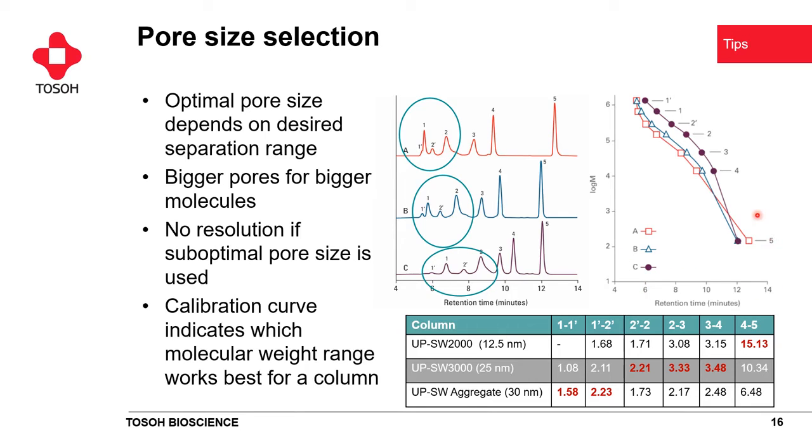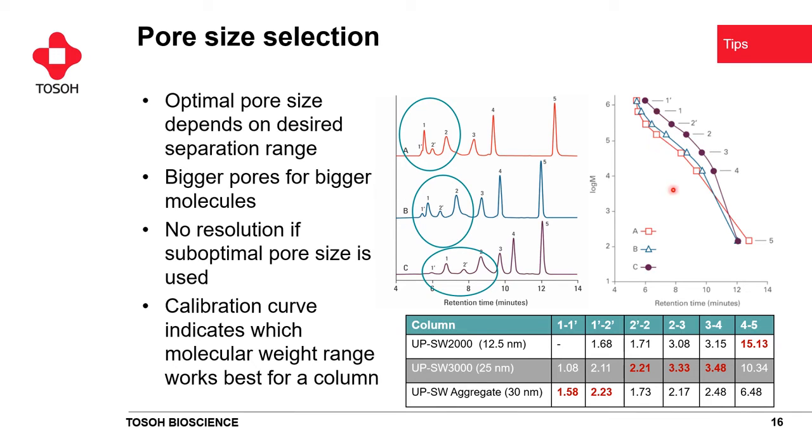The same is true for the low molecular weight part, where we typically have a steep part, again meaning change in molecular weight but no change in retention time, meaning no separation in this case. And what we are actually looking for is a linear part of the curve where we have a change in the molecular weight and in the retention time, meaning we can separate those molecules from each other.